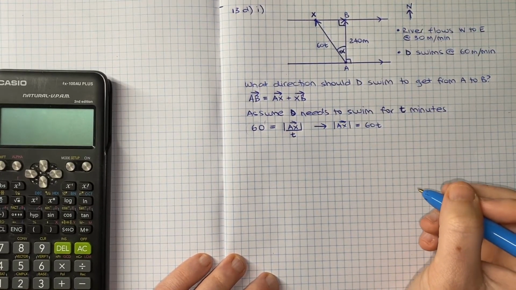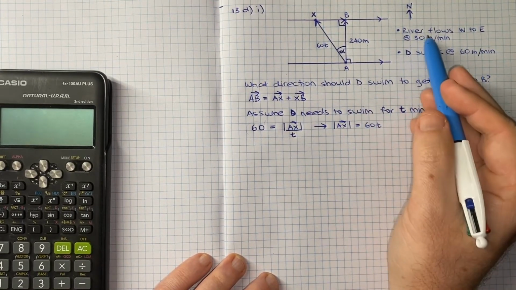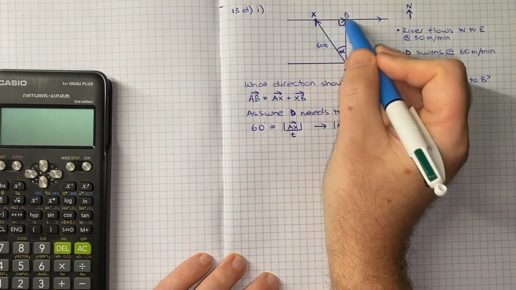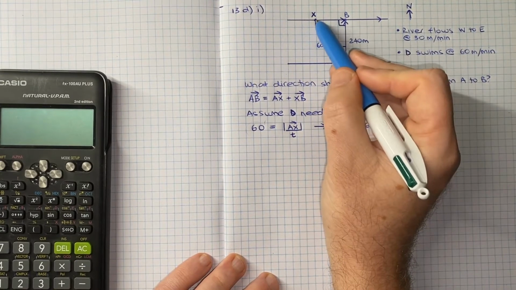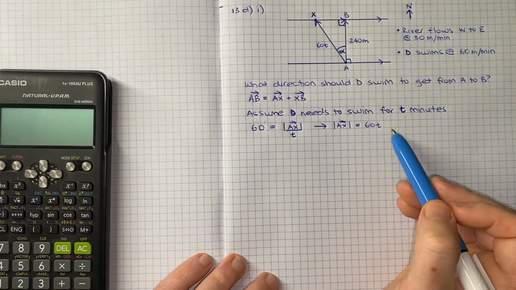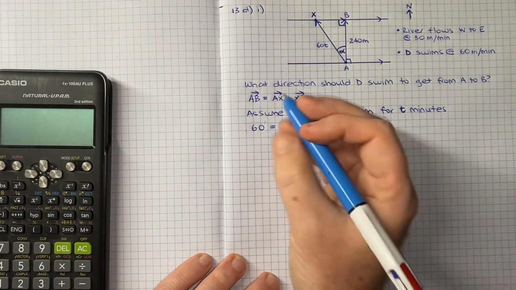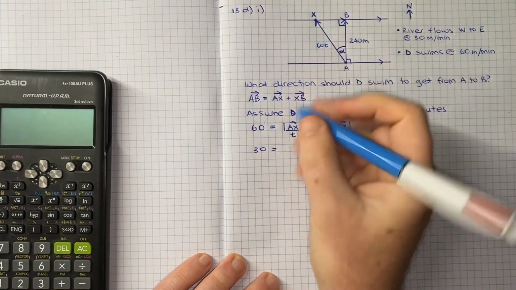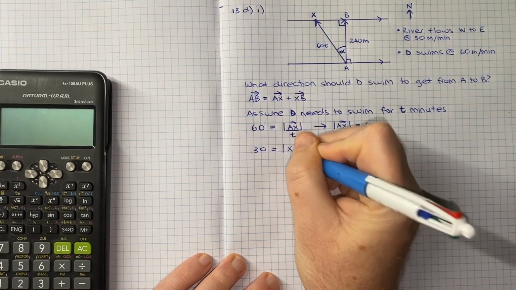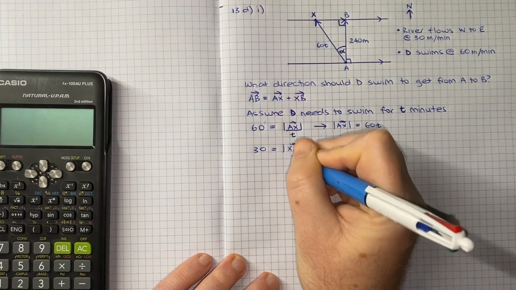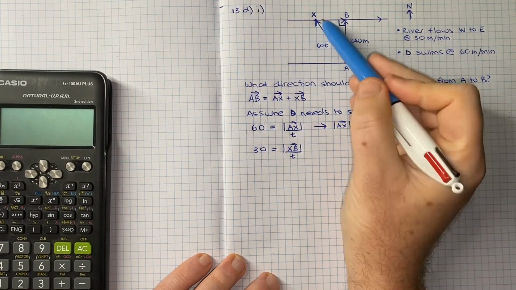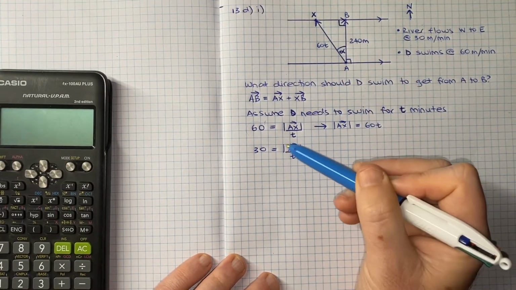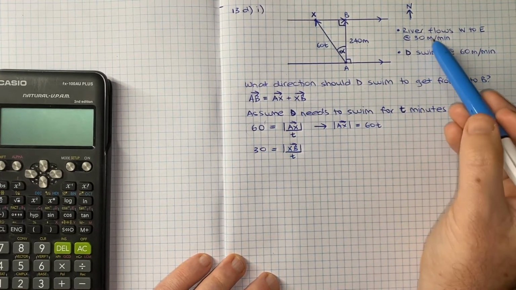And using a similar idea, since the river is flowing from west to east in this direction here, the same direction as going from X to B, we can know that 30 will be equal to the magnitude of the vector XB divided by T. So same idea, to get from here to here in T minutes, that speed is 30 because that's the speed at which the river flows.